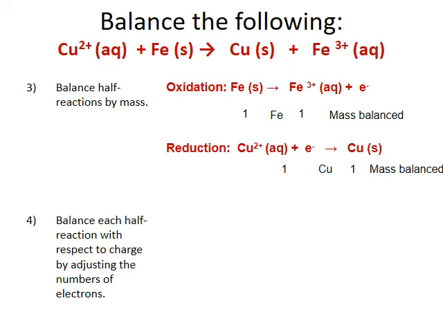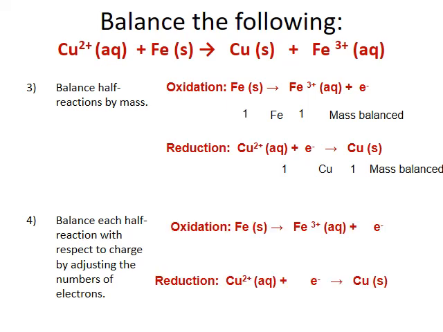And we'll do that by balancing each half reaction with respect to charge. And that simply means figuring out how many electrons must have been lost in the oxidation half reaction to account for that change in charge, and adding that number as a coefficient on the electrons on the product side. And we do something similar for the reduction half reaction. So let's look at how this works.